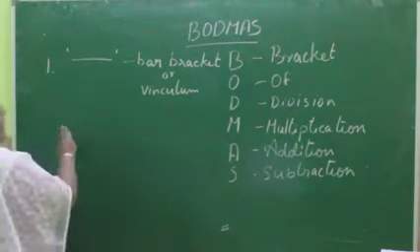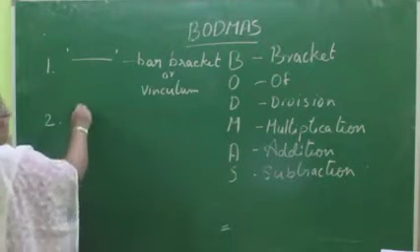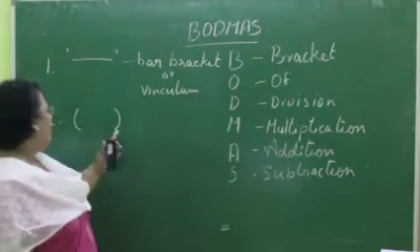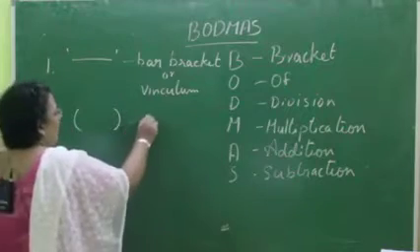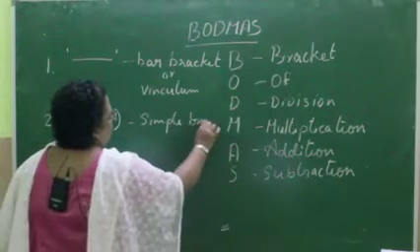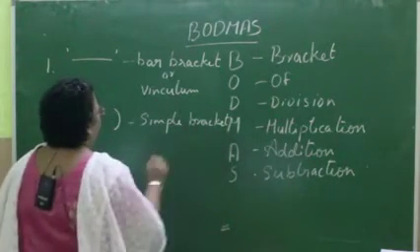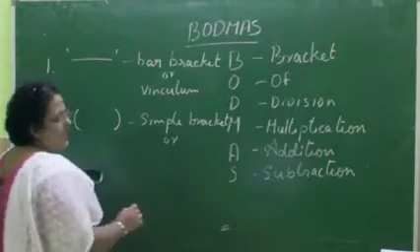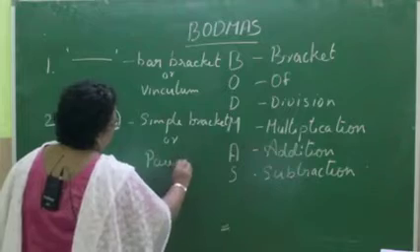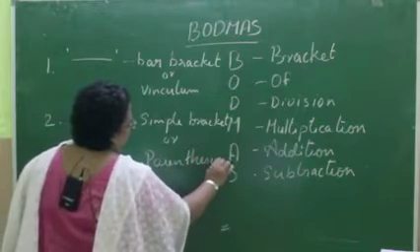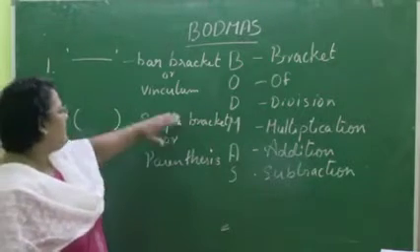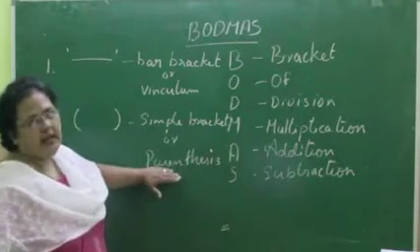Okay. Now the second bracket is this common bracket that we are using till now. This is called the simple bracket, or you can call it parenthesis. Simple bracket or parenthesis.